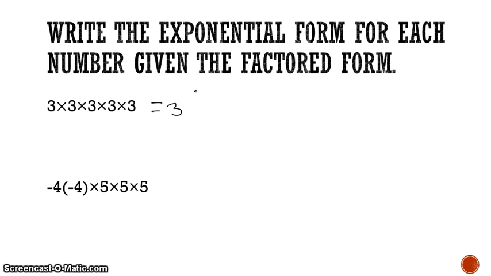So this is 3 to the 5th power. Okay, then this one's a little trickier. You have -4 times -4, and then 5 times 5 times 5. So -4 times -4 is -4 to the second power, because there's 2 of them, times 1, 2, 3 5s, so 5 to the third power.